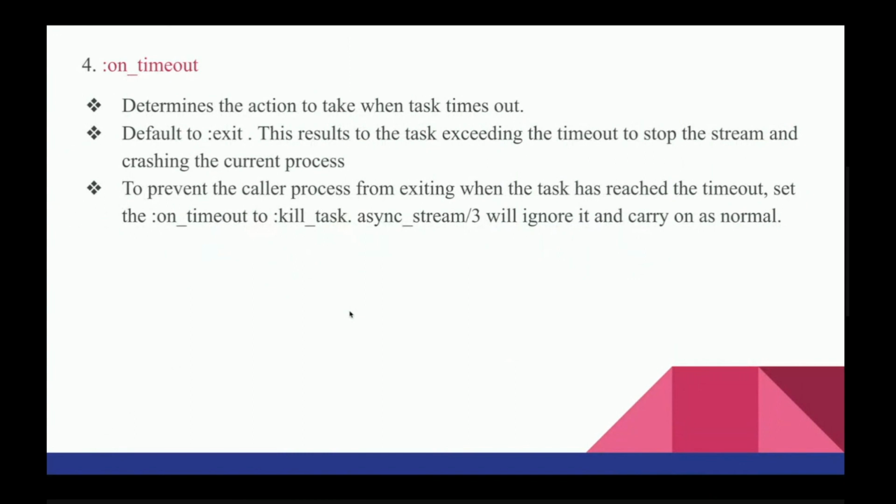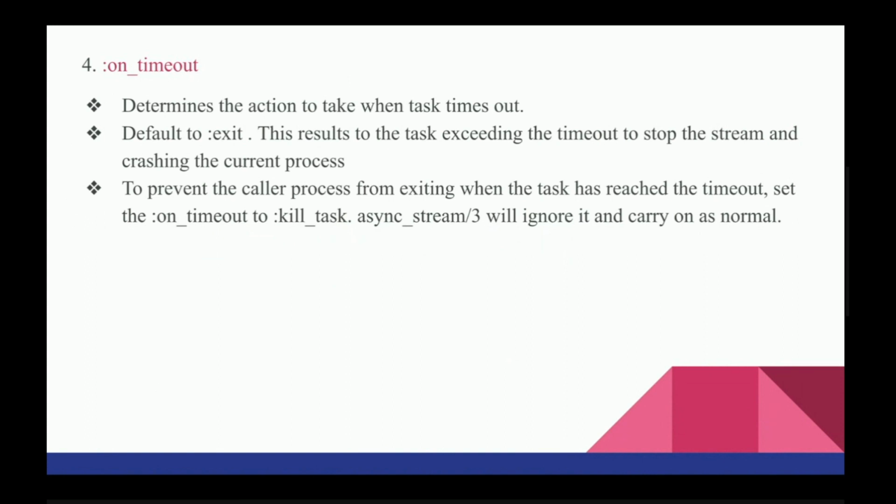So the default of on timeout is exit, and just as you have seen, using this default value of the atom exit results in the task exiting the timeout, stopping the stream and also crashing the current process.